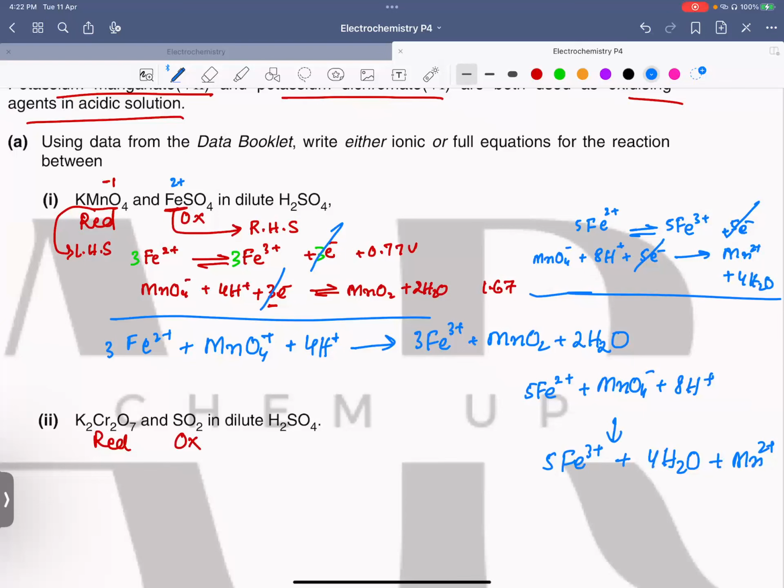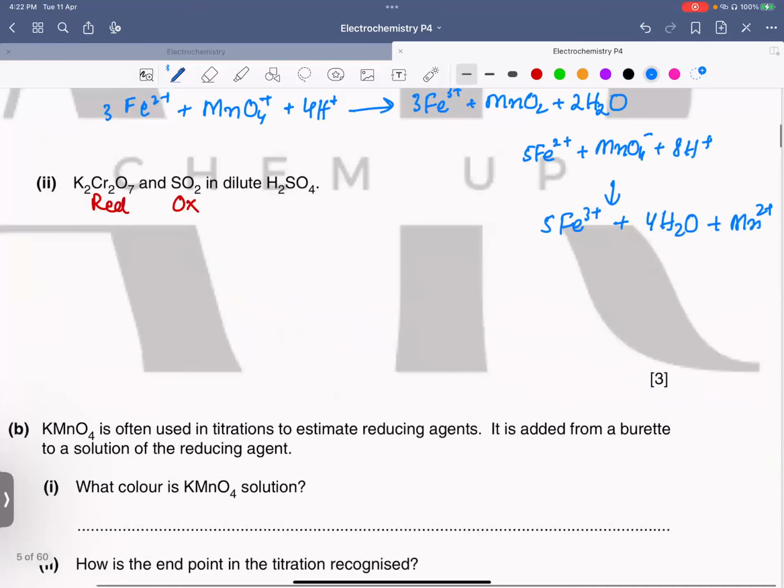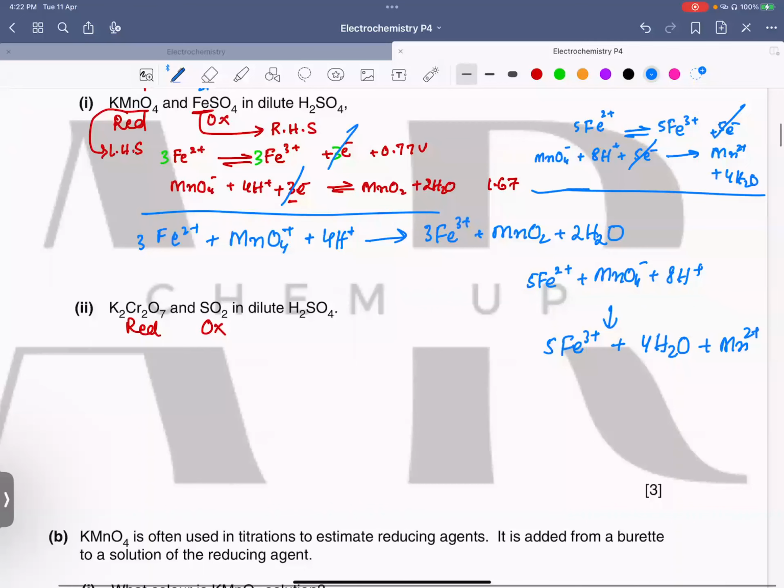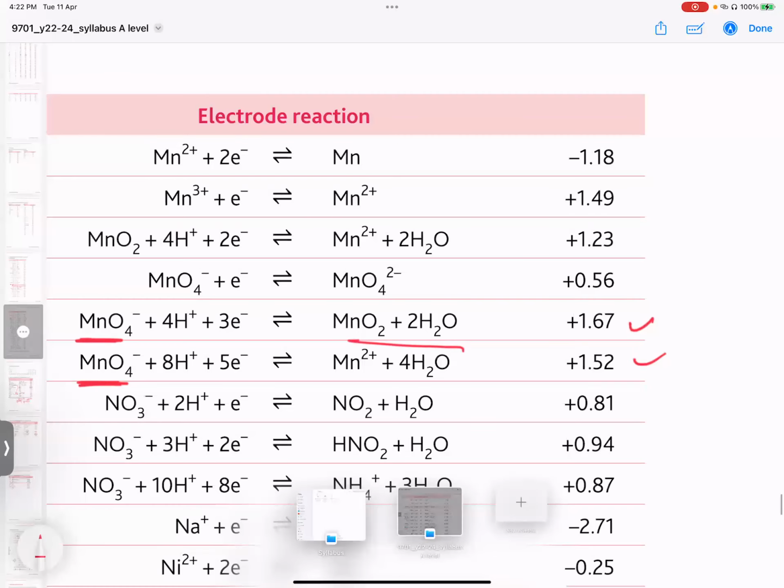In the next case, we have a chromate and SO2. As we know, SO2 must be oxidized, right?